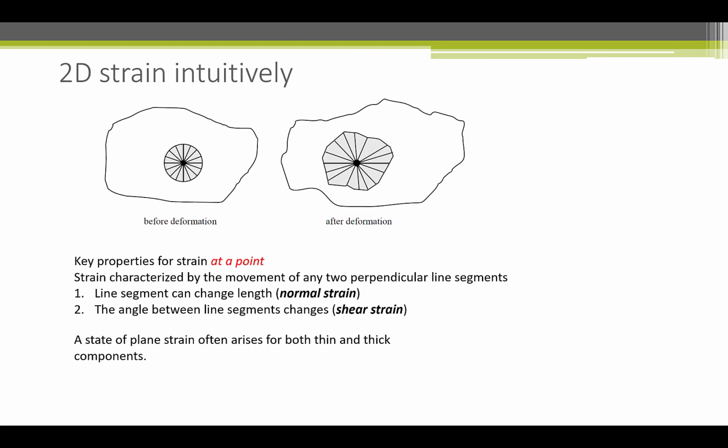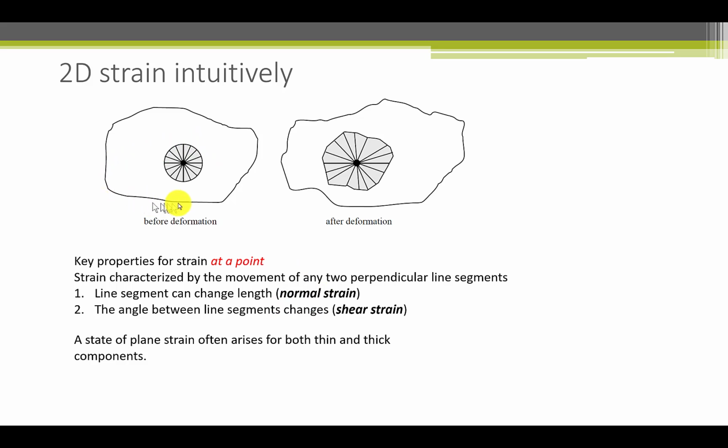Strain in many ways is similar to the way stress behaves that we looked at in earlier modules. The key properties of strain apply at a point and are derived by taking small elements of the material. A line segment can change length, and that's considered normal strain.